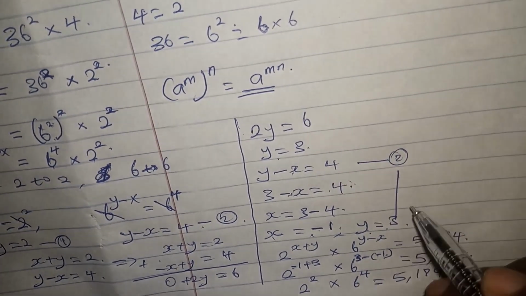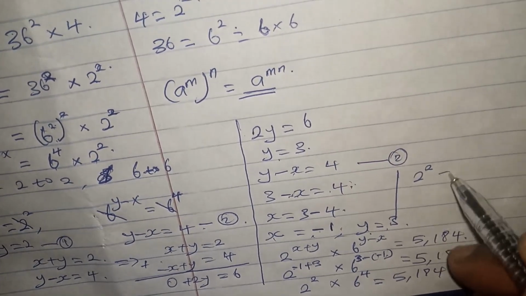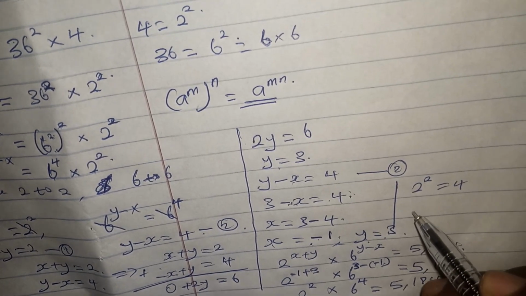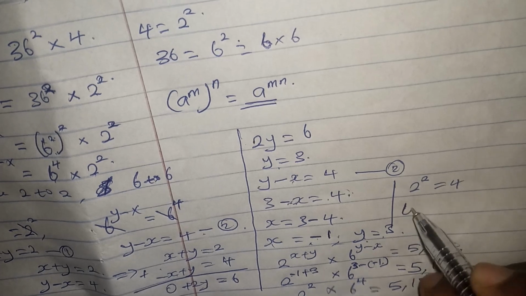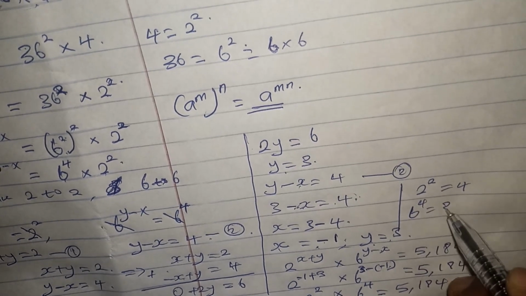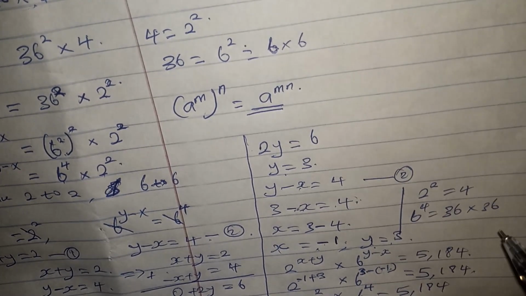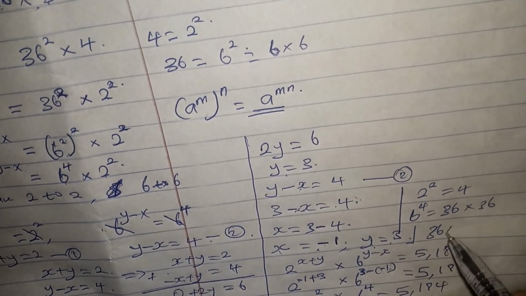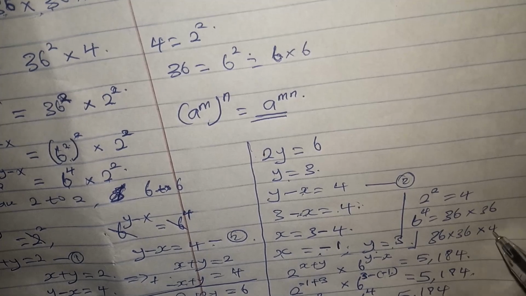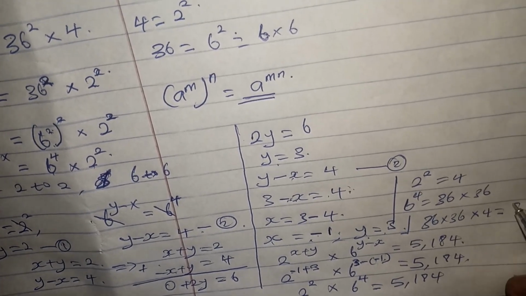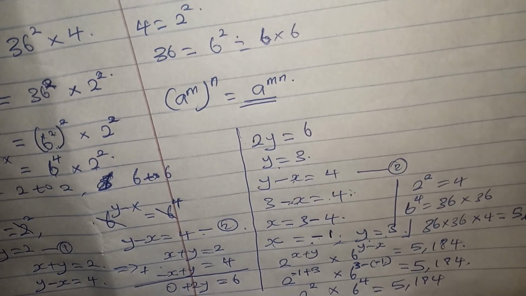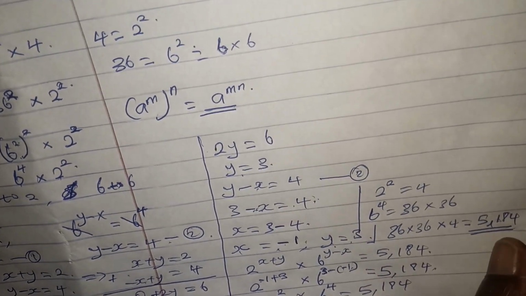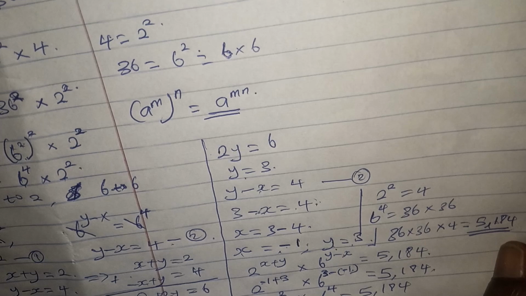To do the remaining part, 2 to the power of 2 is equal to 4, and 6 to the power of 4 is equal to 36 times 36. 36 times 36 times 4 is equal to 5,184. So the values of x and y in this challenge are correct.